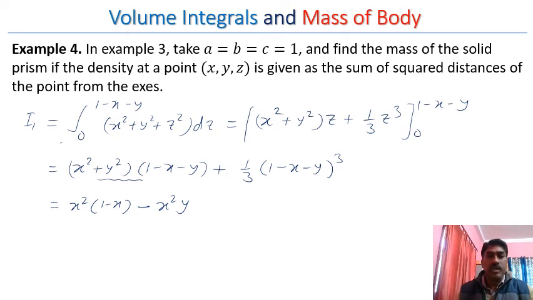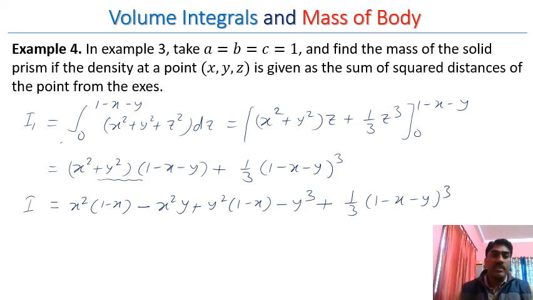So x square (1 minus x) minus x square y, and then y square (1 minus x) minus y square... This term has second power of y, and finally minus y cube plus 1 by 3 (1 minus x minus y) whole cube. This is I2, and now we will integrate I2 with respect to y.